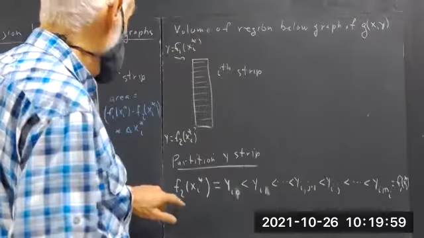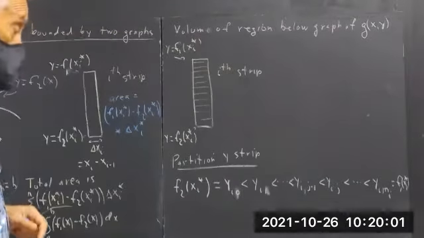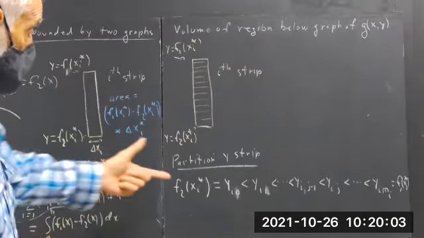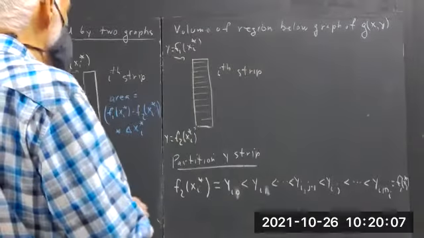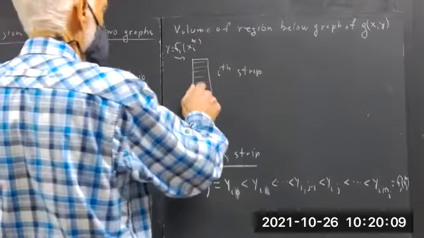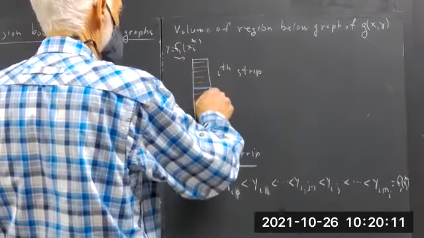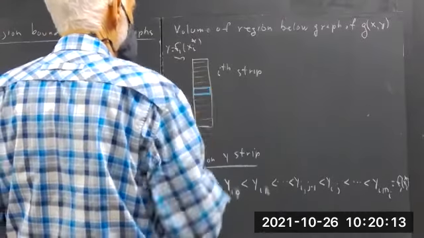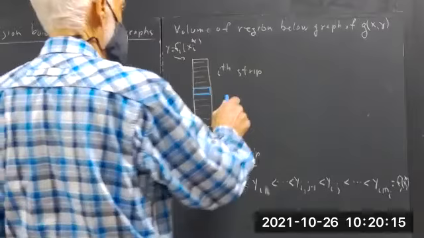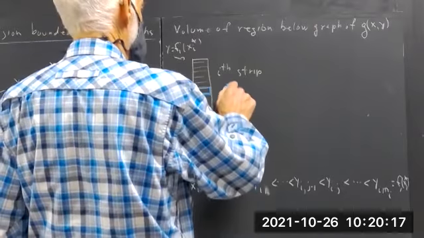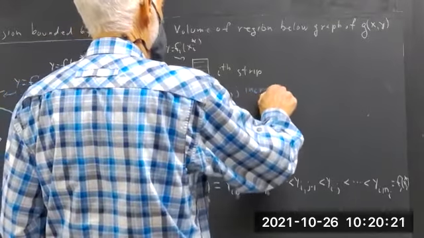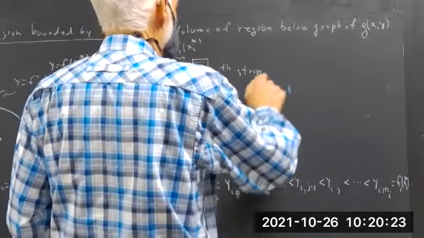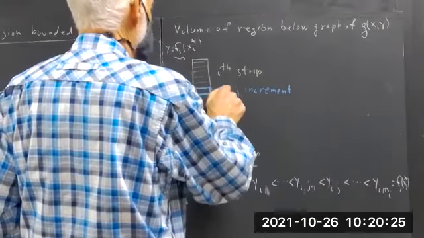Okay, so there's our partition. So now we're going to have a typical increment up here. Here's your ij increment.